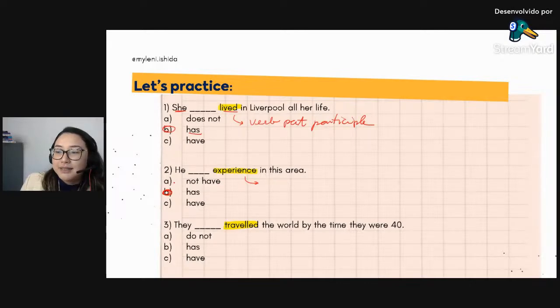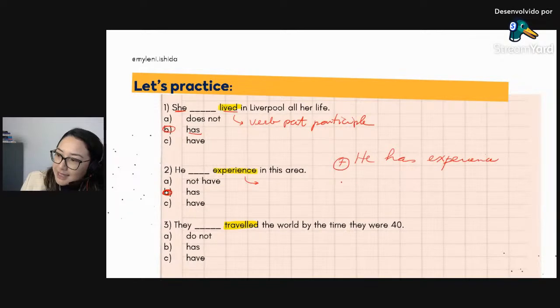But teacher, can I use he not have? No, because the affirmative sentence is he has experience. The negative, and this is what makes the confusion, he doesn't have experience.